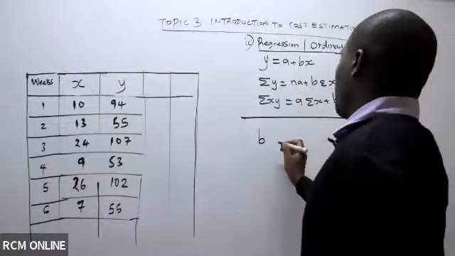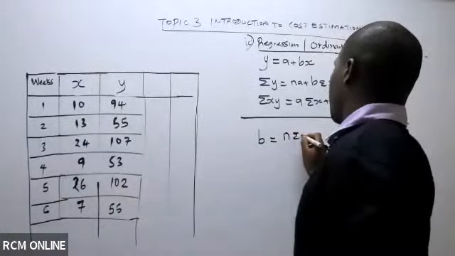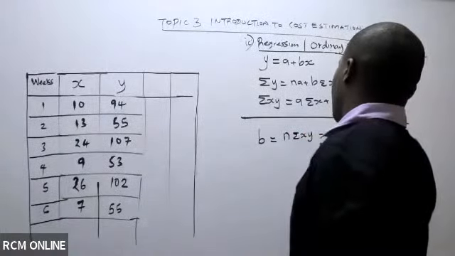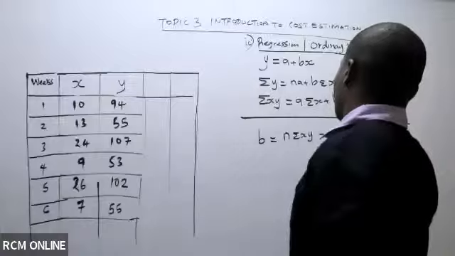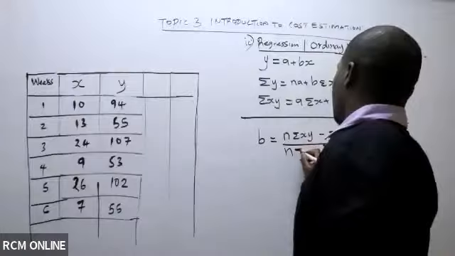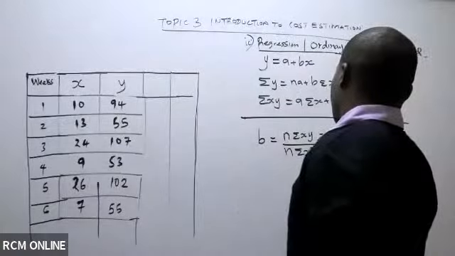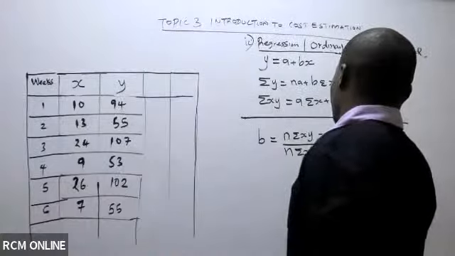So b is equal to n summation of xy minus summation of x summation of y over n summation of x squared minus summation of x bracket squared.